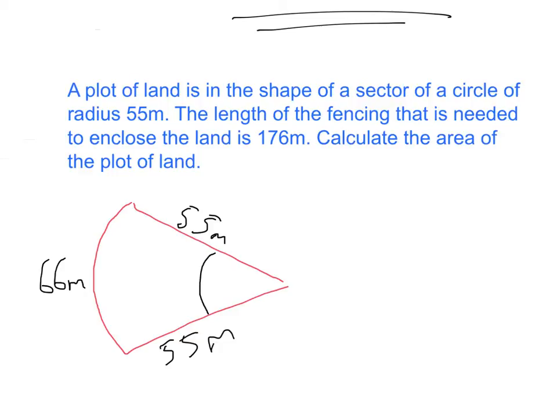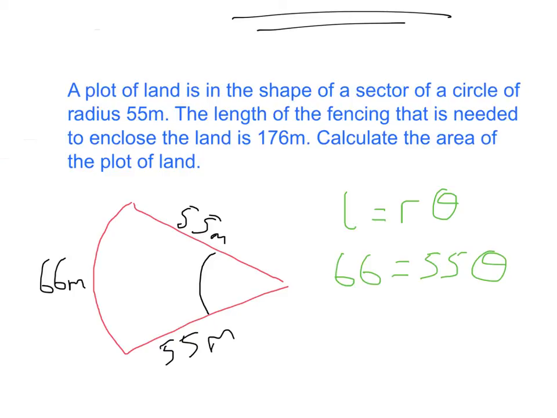First thing I need to do is work out this angle here. And obviously we're dealing with radians. We know our formula for arc length, we've just applied it. So our arc length L is equal to the radius times theta. I know my arc length, 66, is equal to 55 lots of theta.